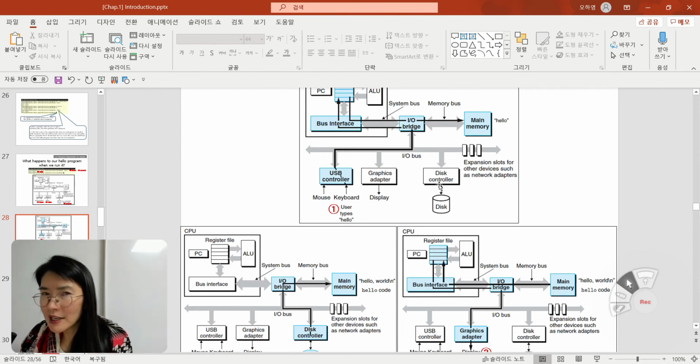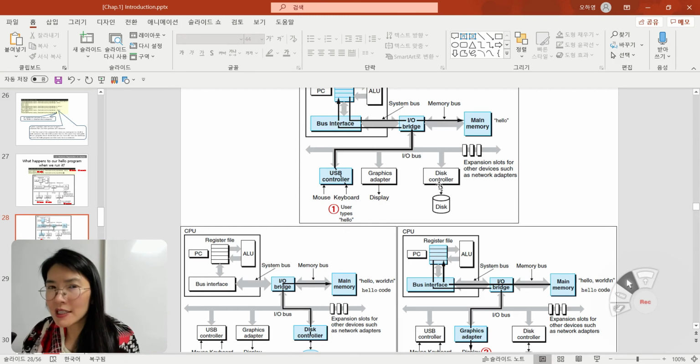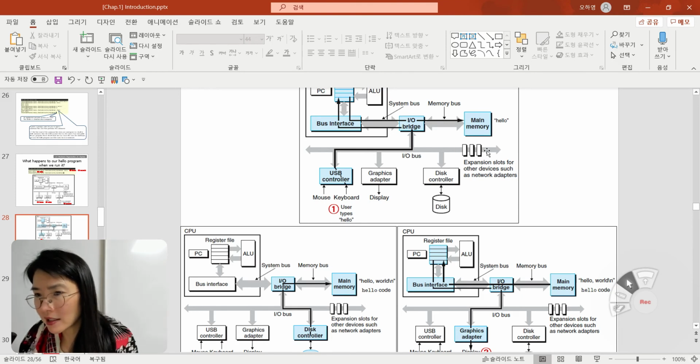Of course, if you want to consider the network concept, from our computer to other friends' computers or other internet-based desktops, we should extend the I/O bus to other computers.